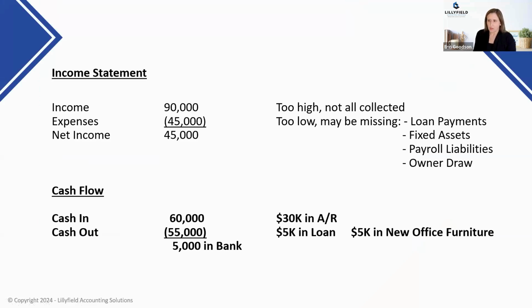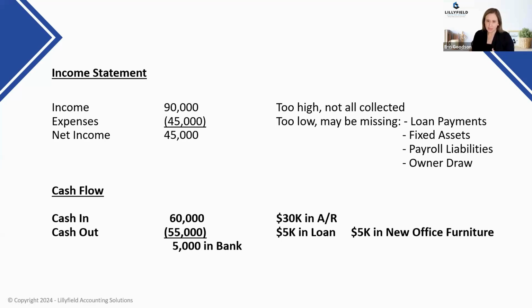So when we're looking at the P&L, the profit and loss, or our income statement, and we're comparing that income number to what we've got in the bank as cash in the door, so cash flow coming in, we can see we have income of $90,000, but we only have cash coming in of $60,000. And really what we're seeing there is, yeah, we charged our customers, we made revenue of $90,000.